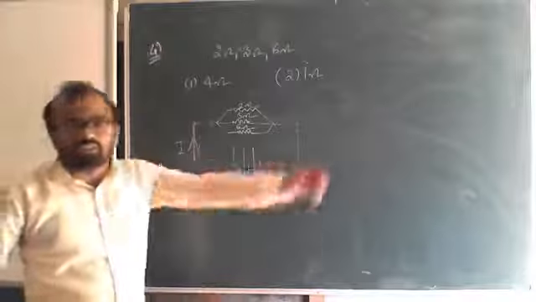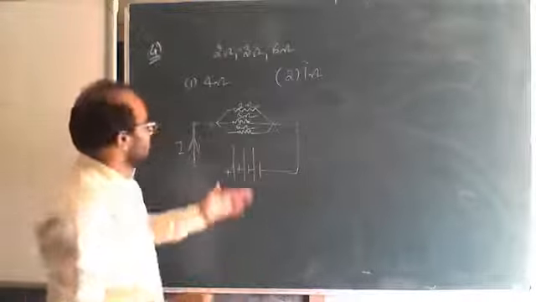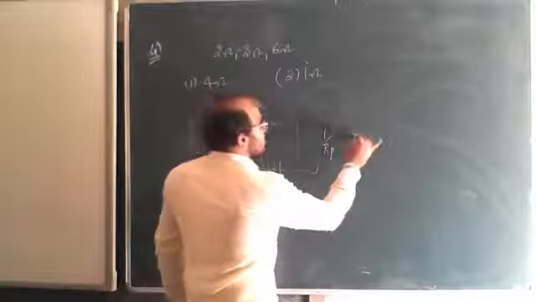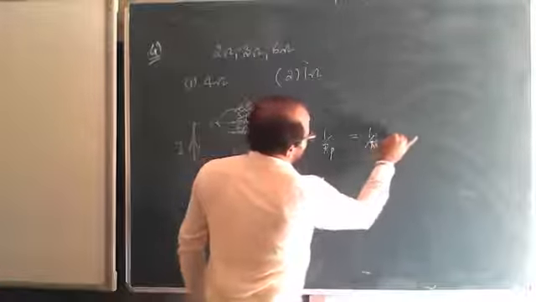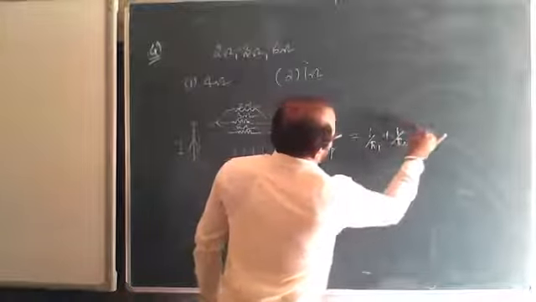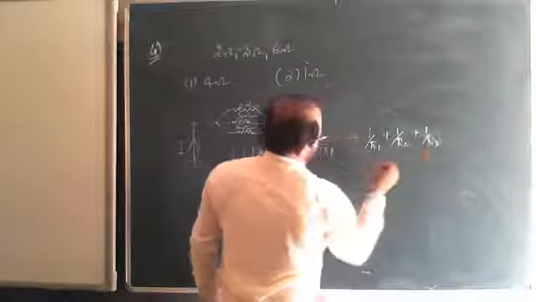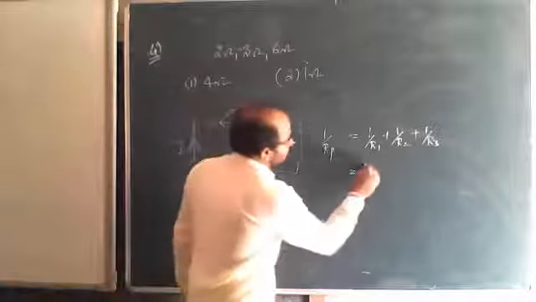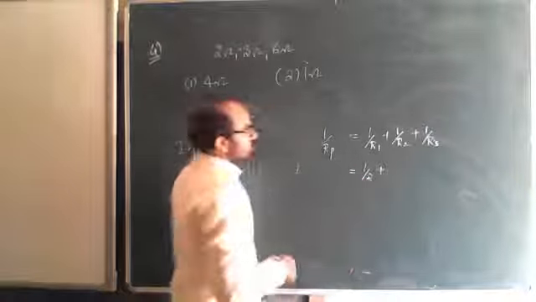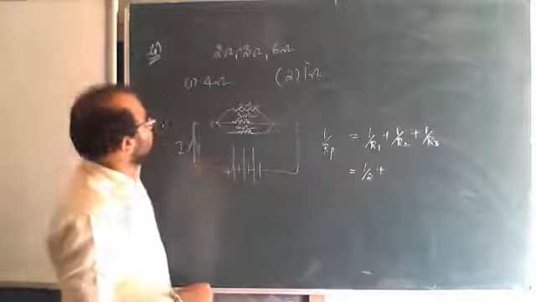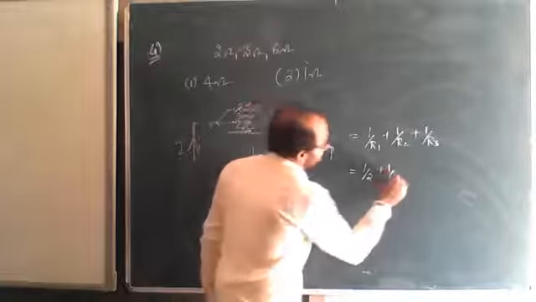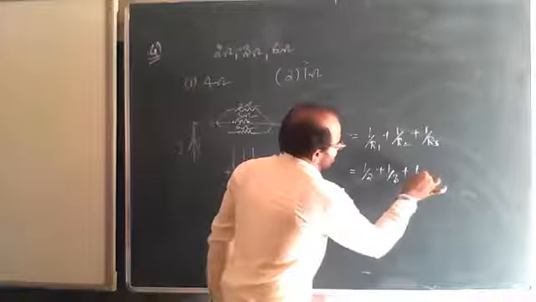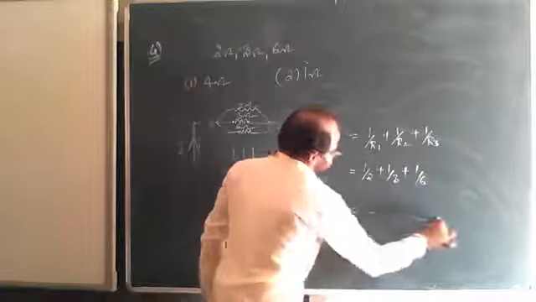So if I connect all these in parallel, let me see, 1 by Rp is equal to 1 by R1 plus 1 by R2 plus 1 by R3. So what is 1 by R1? 1 by 2, plus what is 1 by R2? 1 by 3, plus what is 1 by R3? 1 by 6.